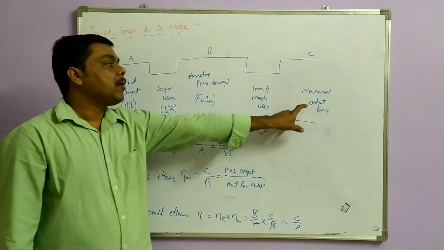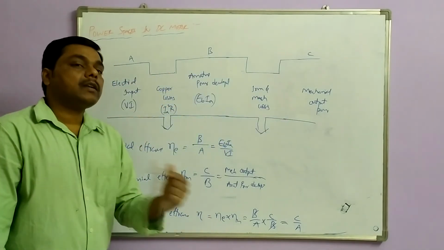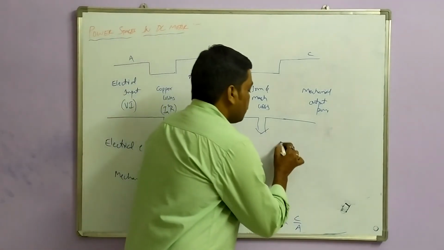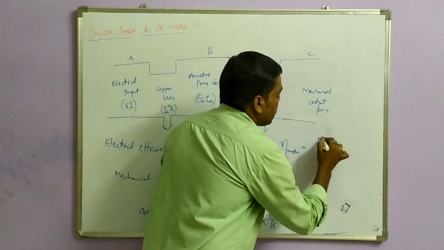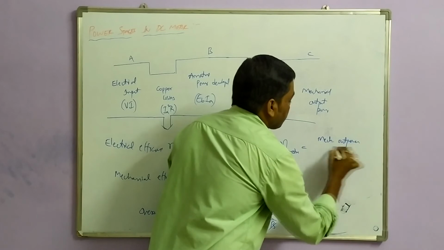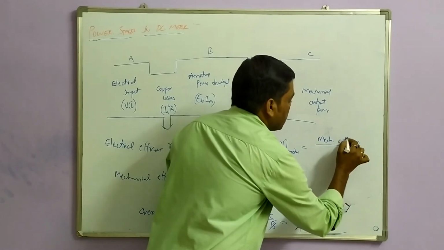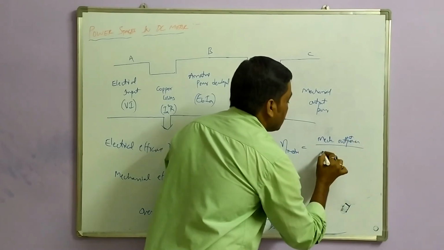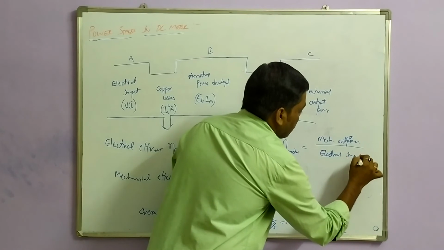C is nothing but mechanical power output divided by electrical input. So the efficiency of motor is always calculated as mechanical output power divided by electrical input.